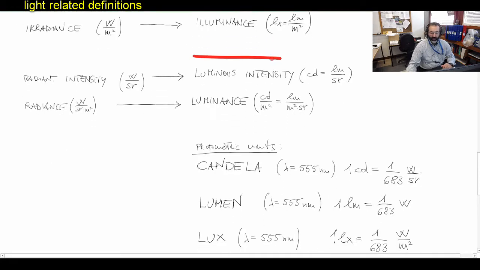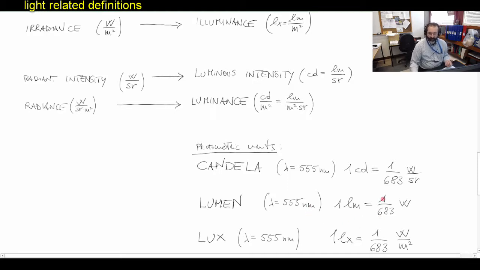So the lumen, also defined at lambda equal 555, 1 lumen is equal to 1 over 683 watts. So the reason we pick this is effectively what I mean with what I said previously, that lambda equal 555 is the only wavelength at which we can find a direct correspondence between the radiometric quantities and the photometric ones.